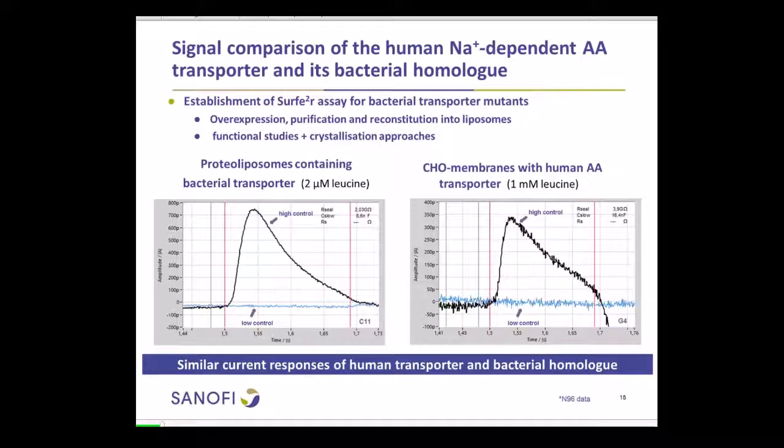This was also validated, so we can use the SURFE assay as a quality control for this approach and for purified transporter batches. There is some other mutant analysis and also another bacterial transporter we want to try for structural biology. We are working at the moment to validate these mutants.